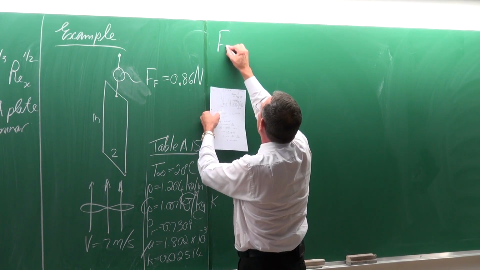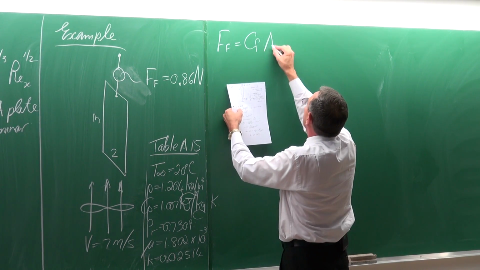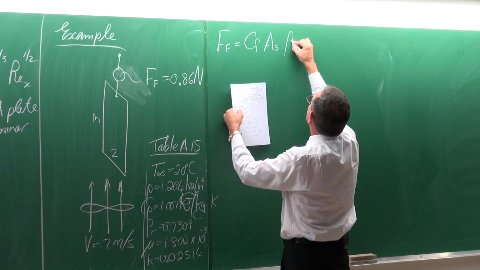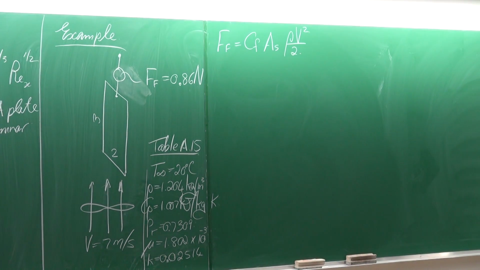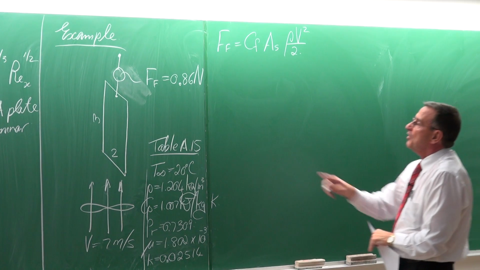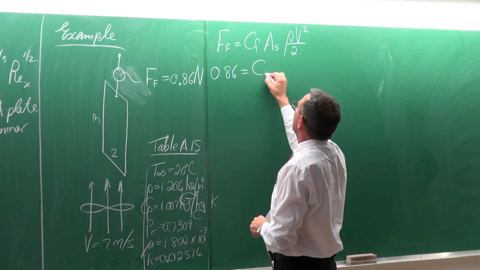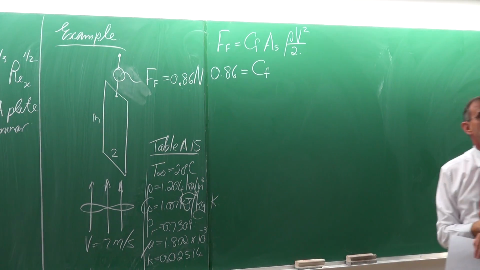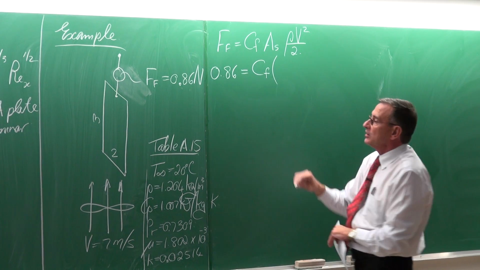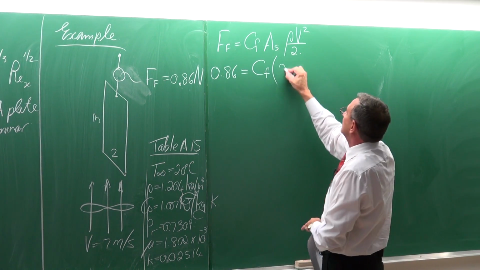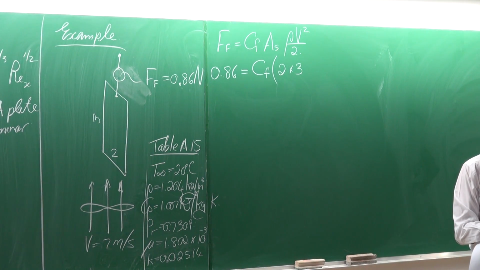The drag force is equal to the average skin friction coefficient multiplied by the surface area multiplied by rho v squared divided by 2. The measured force, 0.86, is equal to the friction coefficient, which is what we want to determine now, multiplied by the surface area of the plate, 2 multiplied by 3. You all agree?